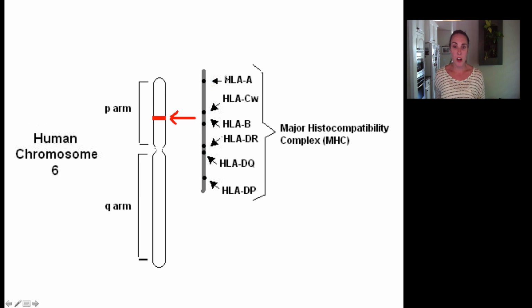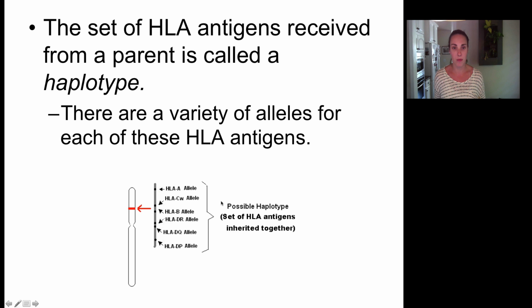So here they are, and here's where they're located in the MHC complex. You have all of the genes here. The set of HLA antigens received from a parent is called your haplotype, because it's half of what you get from one parent. Remember, you're going to have two haplotypes make up your actual genome. There are a variety of alleles for each of these HLA antigens.